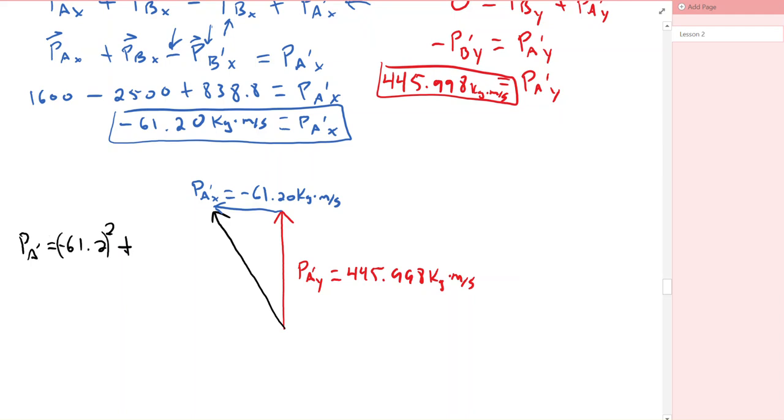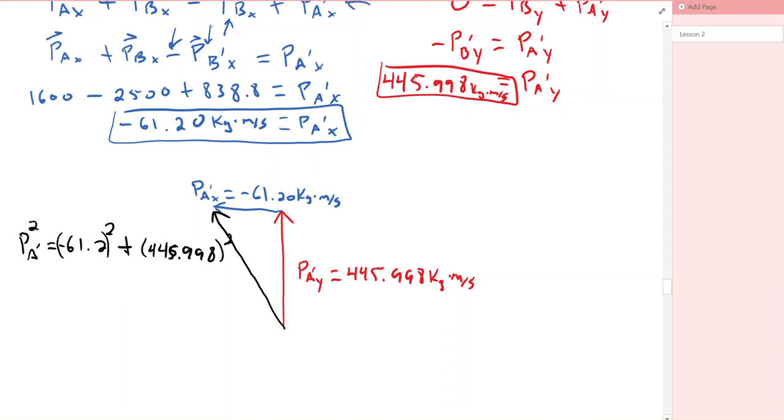Doesn't really matter, because if I had a negative, I'm squaring it, so it's going to give me a positive number anyway, so either one. Plus 445.998 squared. It should have been squared.